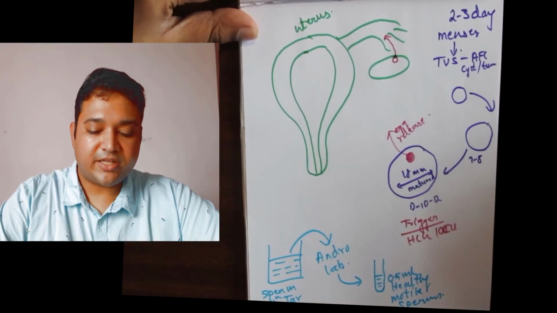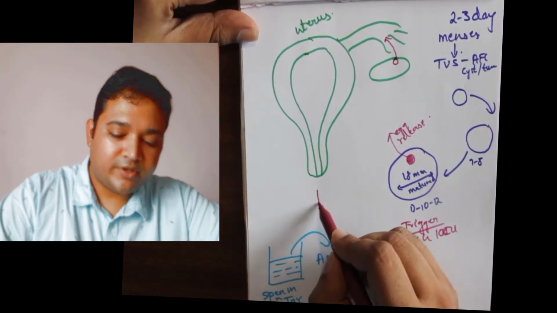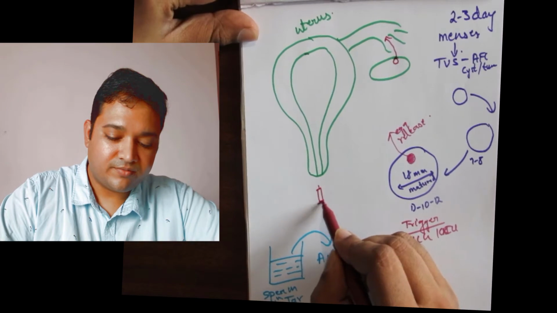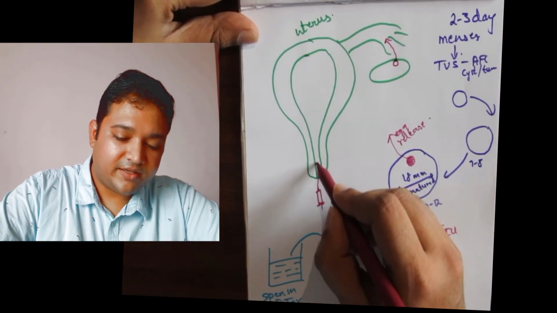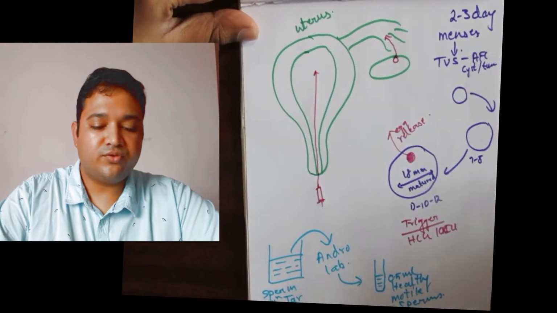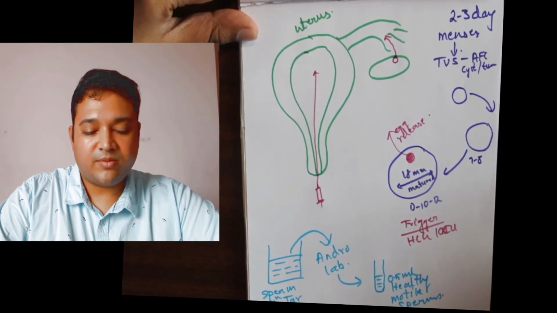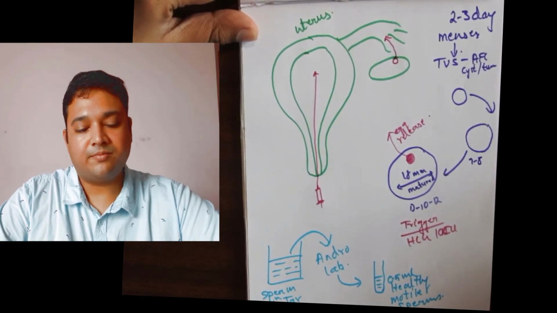These healthy motile sperms are then loaded onto an injection, and these are directly injected into the center of the uterine cavity with the help of the IUI method.